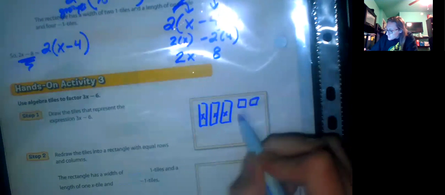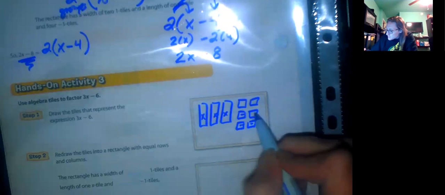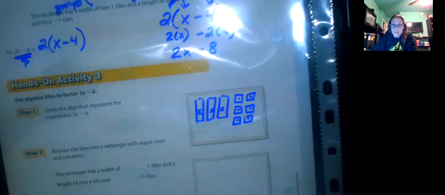Okay, let's take a look here. It says draw the tiles to represent 3x minus 6. So let's draw ourselves 3 x's and 6 negatives.